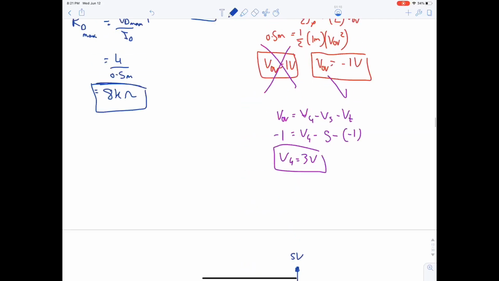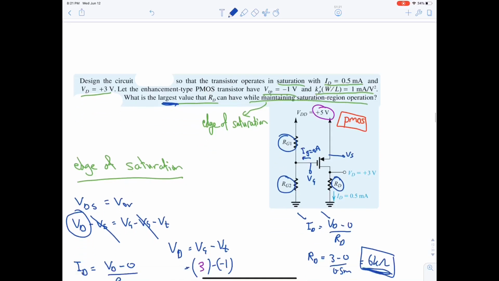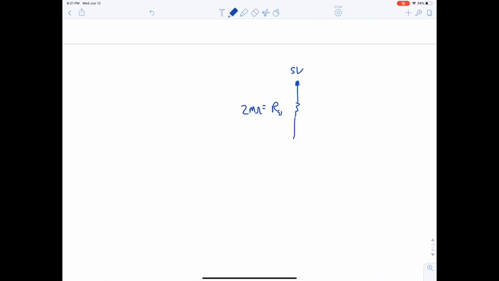Yes, RG1 we know it, right? No, it wasn't given to us. I think we have to assume it. Okay. RG2. This is VG. Now this is the rest of the circuit, but it's independent due to 0 current.